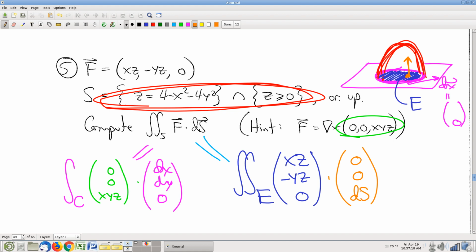And again, the dot product is kind of awesome, right? So pick your favorite. You can make a surface independence argument like I have on the right. You can make a Stokes' theorem argument like I have on the left. Either way, it's going to work out fantastic. Everybody good? And the divergence theorem is a landmine because this surface is not a boundary. Yes?